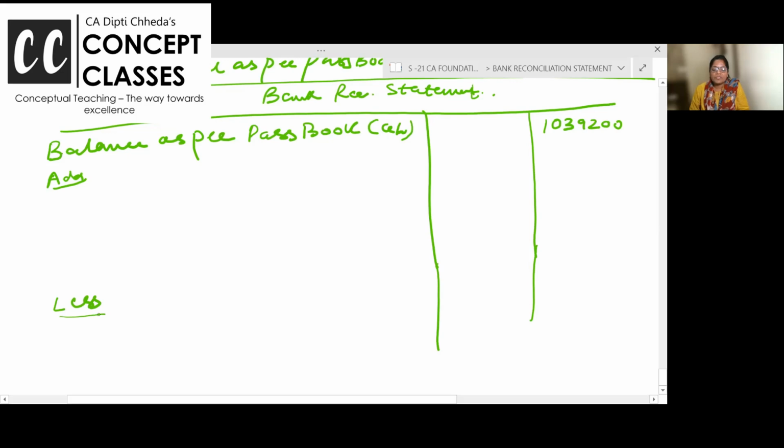A deposit of 3 lakh paid on 29 June had not been credited by the bank. Okay, first entry. So a deposit of 3,09,200. हमने तो डिपॉजिट कर दिया, बैंक में क्रेडिट नहीं हुआ, तो इट्स ऑलरेडी अ बैंक बैलेंस, सो लेट देम क्रेडिट. So it's already a credit and more credit, so add.